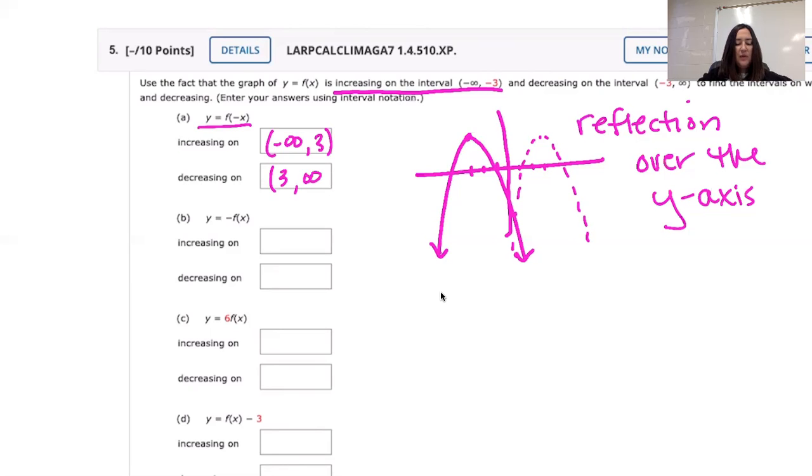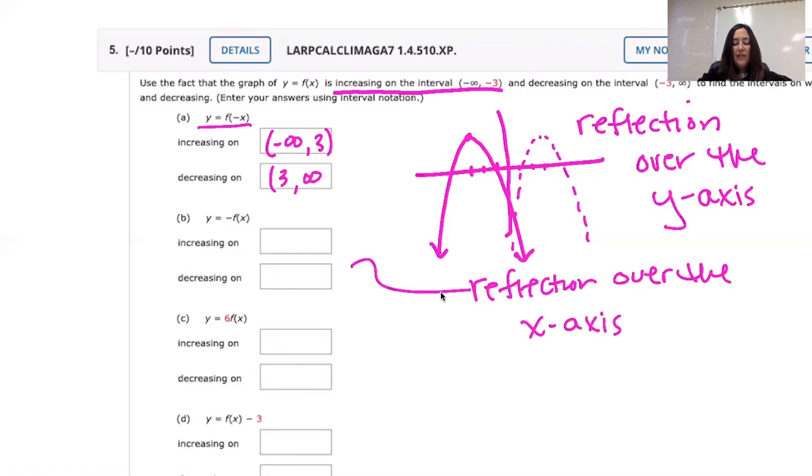Now, the next one is a reflection over the x-axis. So then it's taking my picture and reflecting it over the x-axis. So it might look more like this. It's not a great picture, but it kind of gives you an idea.